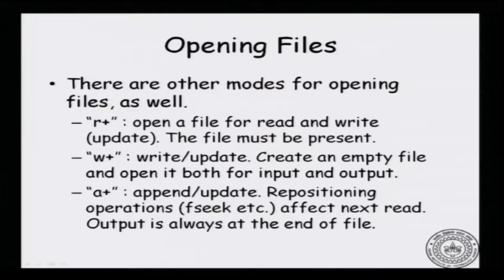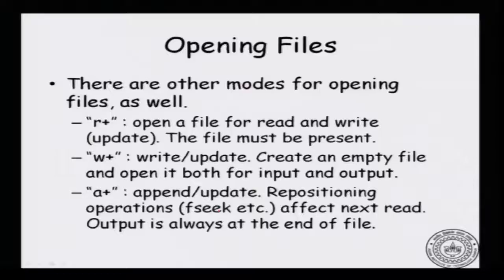This says you can open a file for reading and writing. So, this is essentially an update mode. W plus will be write and update, so create an empty file and update that file. And there is something called A plus, which is append and update.